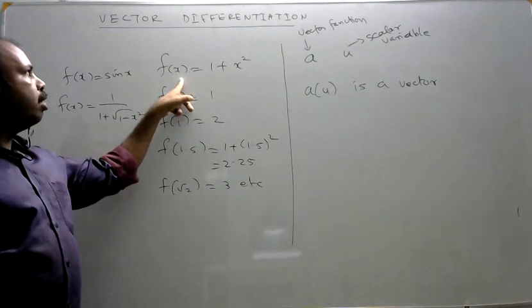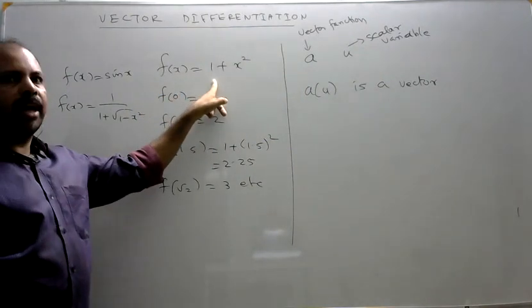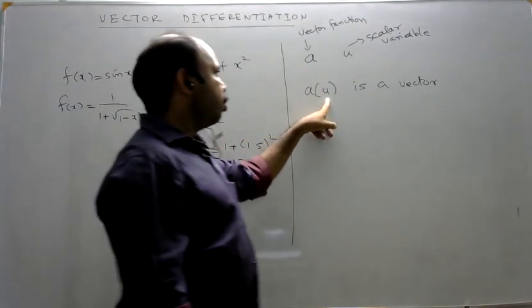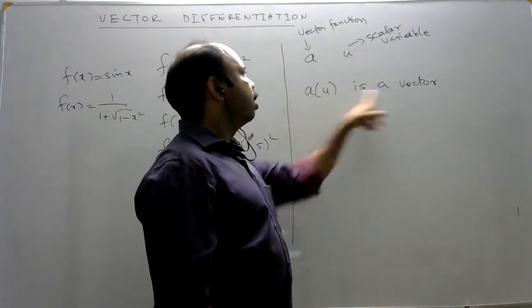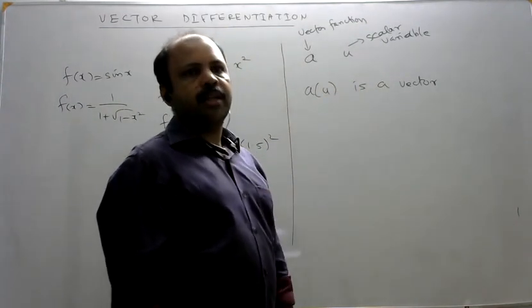Here corresponding to each value of x, f of x is a scalar. Here corresponding to each value of u, A of u is a vector.